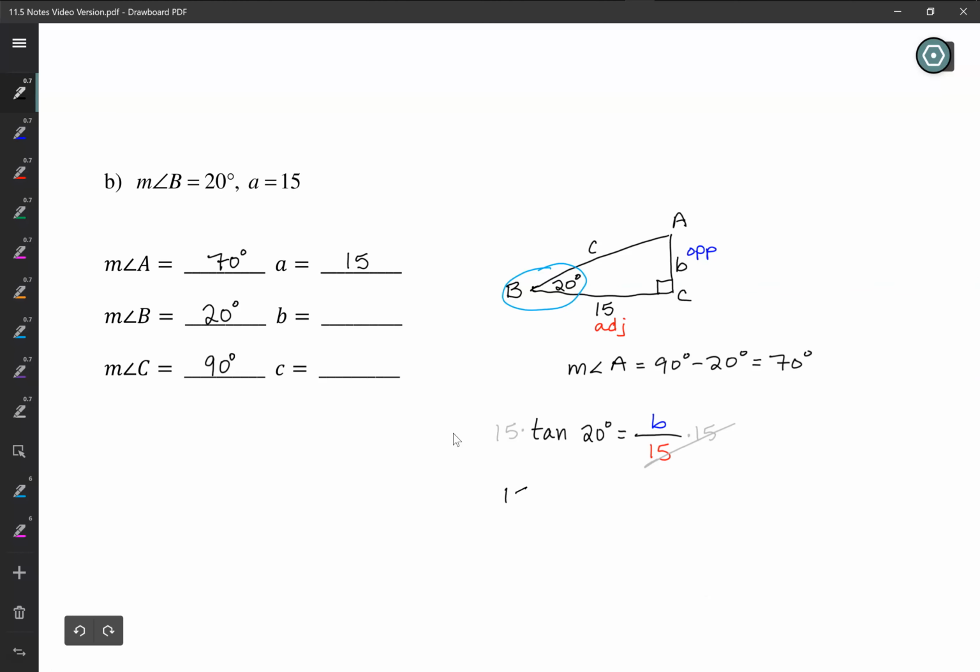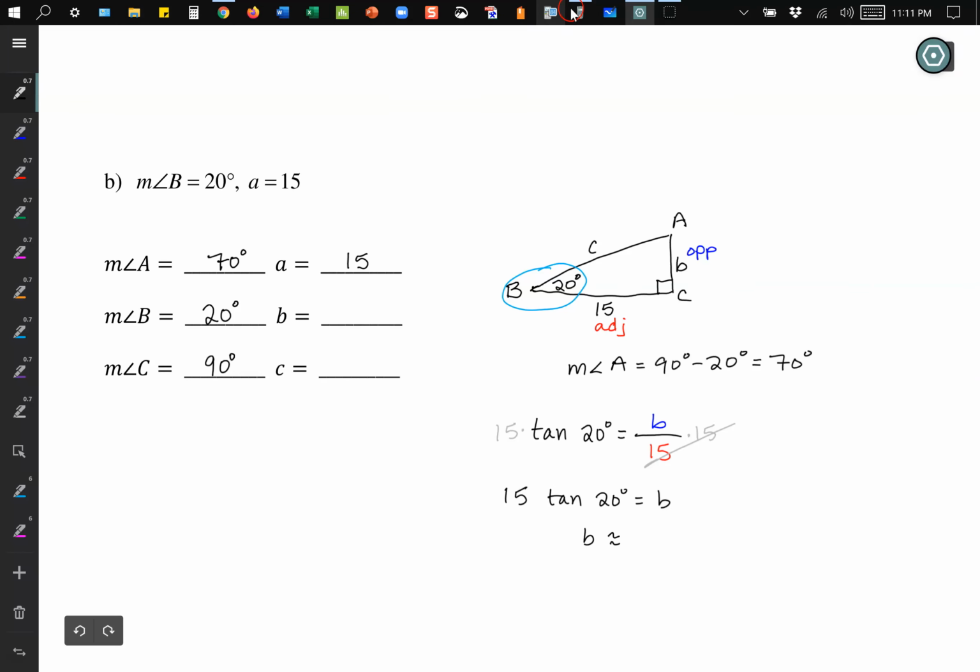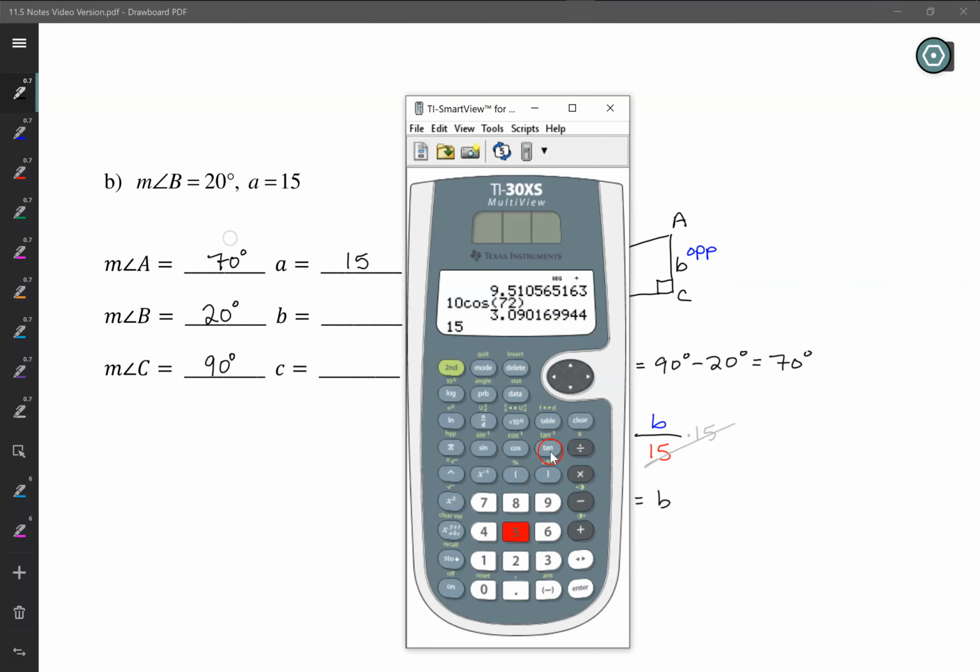And you get that 15 times the tangent of 20 degrees equals B. So B is about 5.5.